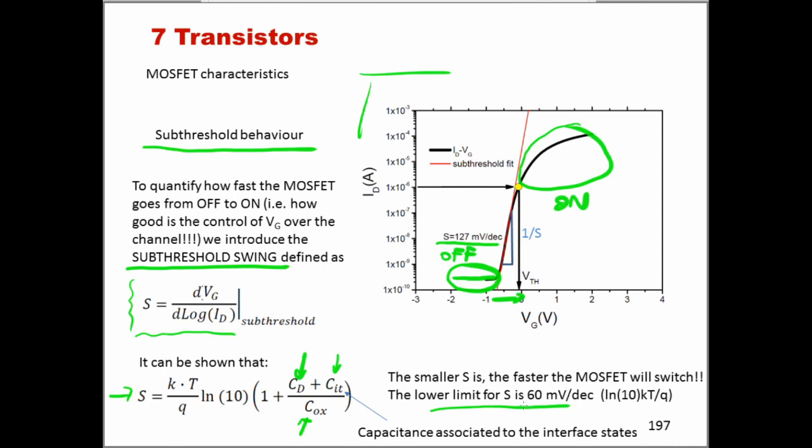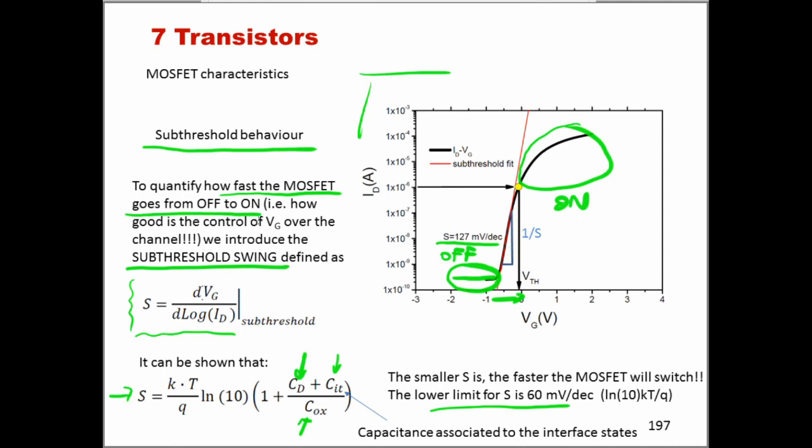Please note that for the swing as a parameter, the smaller it is, the better it is. Let me just clarify something I said previously, that the swing quantifies how fast the MOSFET goes from the off to on condition and vice versa.